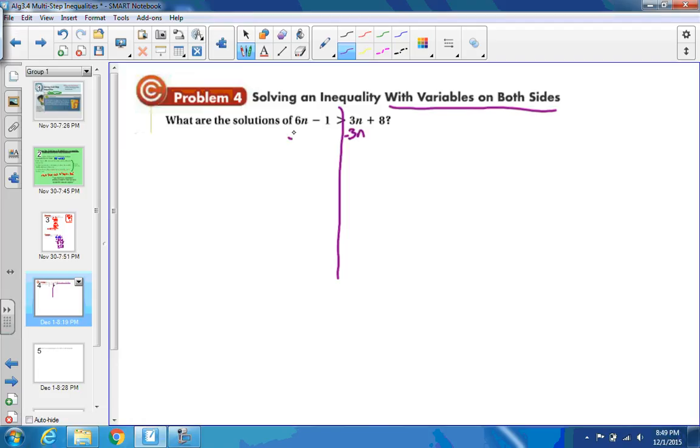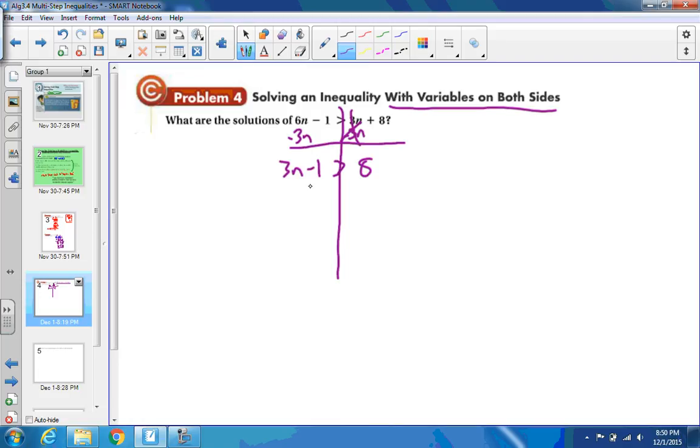The reason we do that is when we subtract that, this is gone, we just have 8 left over here, greater than symbol. We're just dealing with positive 6, so 6n minus 3n is actually positive 3n, minus 1 here. We don't have to deal with any negative variable terms.